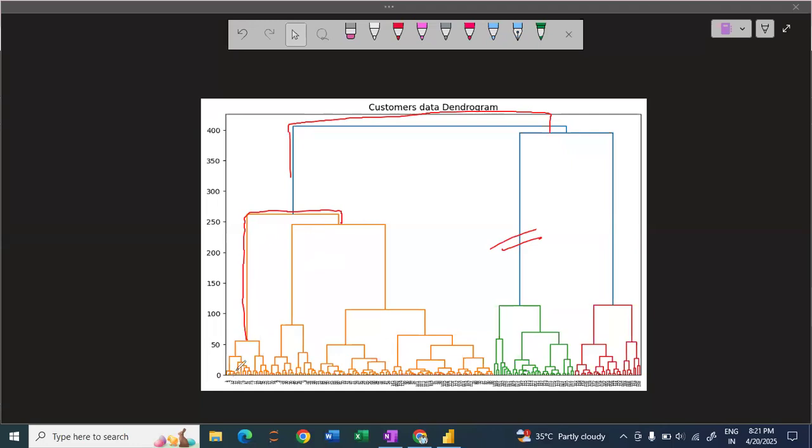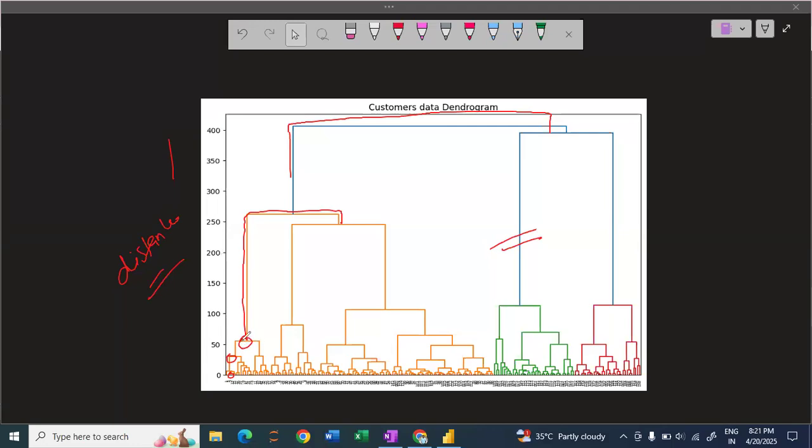See, basically it started from these clusters, then again these clusters, then it is connected with these clusters, and finally this cluster is connected with this according to the distance. So this is your distance. The data points started from 0, 50, then 100, 150, 200.